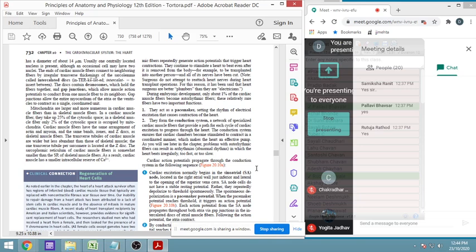They also form a conduction system. Specialized cardiac muscle fibers provide a path for each cycle of cardiac excitation. Think of a big building having many rooms, and suppose each room is connected to the next with a pipe, so that at least some goods can pass.